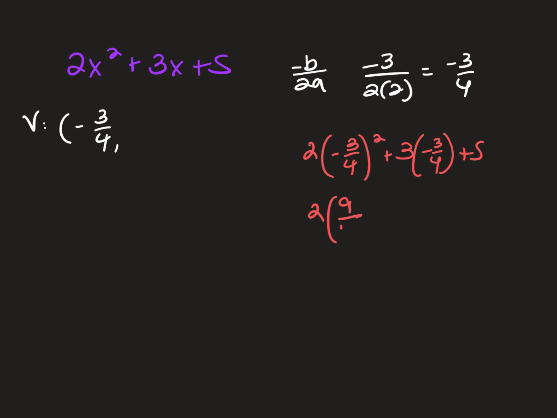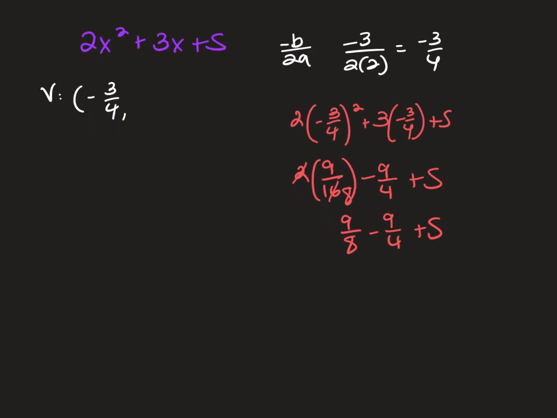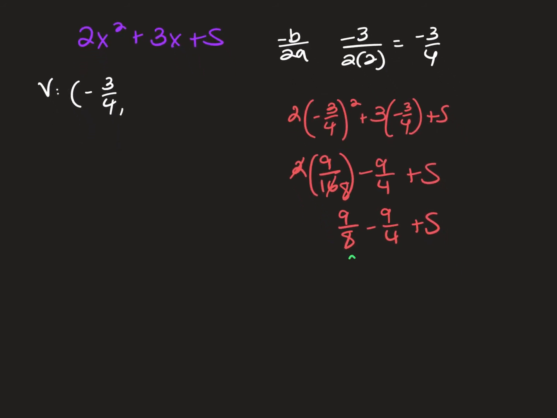2 times 9/16 plus or minus 9/4 plus 5. This reduces to 9/8 minus 9/4 plus 5. I need them all to have the same denominator, so this becomes 9/8, 2 and 2 here, 18/8, 8 and 8 here, 48.